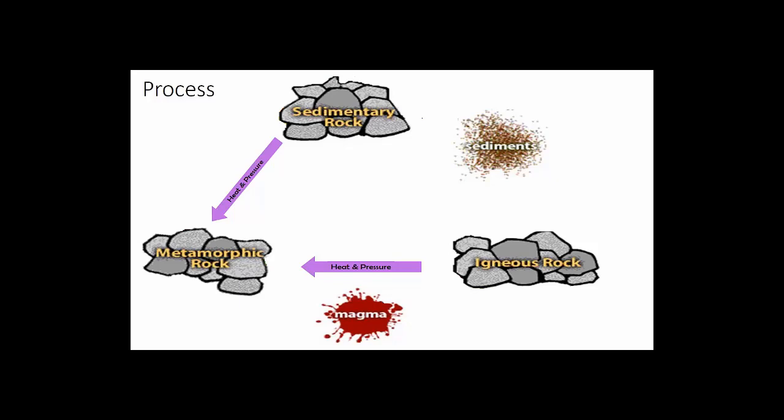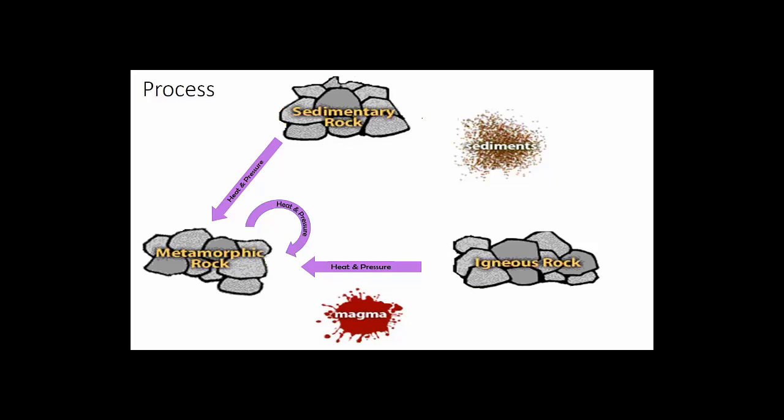And finally, a metamorphic rock can get pushed right back underground and keep on cooking from heat and pressure, which is going to change it into a different type of metamorphic rock. So an example is slate, which is a metamorphic rock. If it goes back underground and gets put under more heat and pressure, it can turn into a different type of metamorphic rock that's called schist.